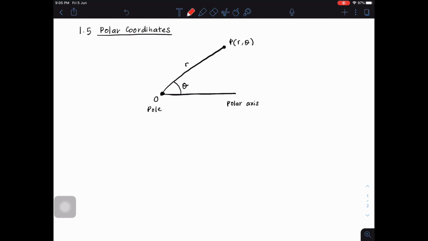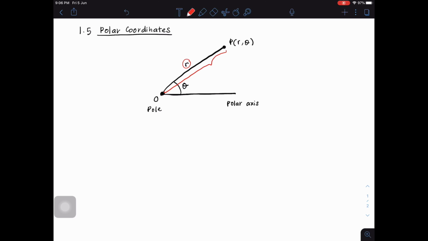Theta gives the directed angle between the polar axis and the line that connects the pole with the point P, and r is the distance between P and the pole. So r is the distance between the point P and the origin, or pole.